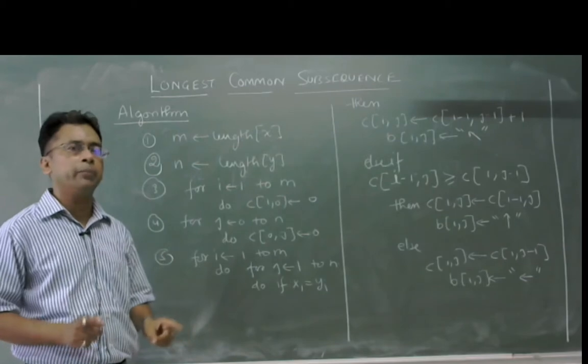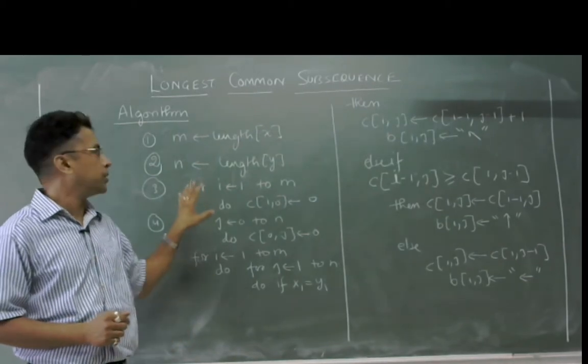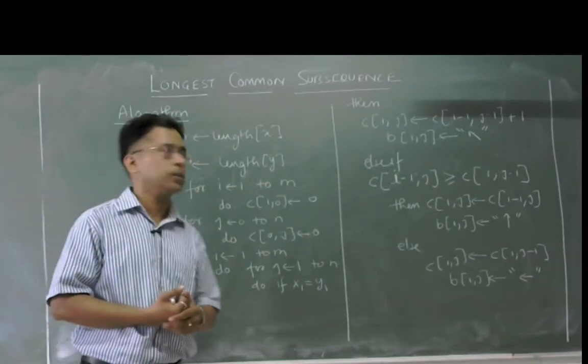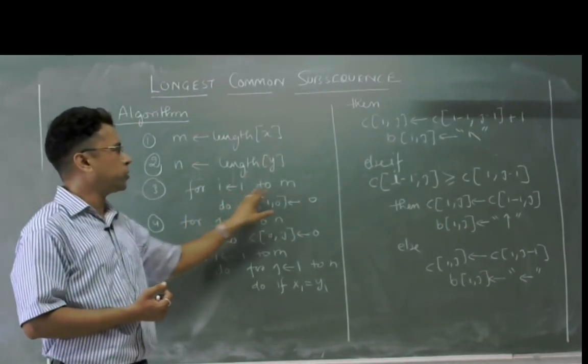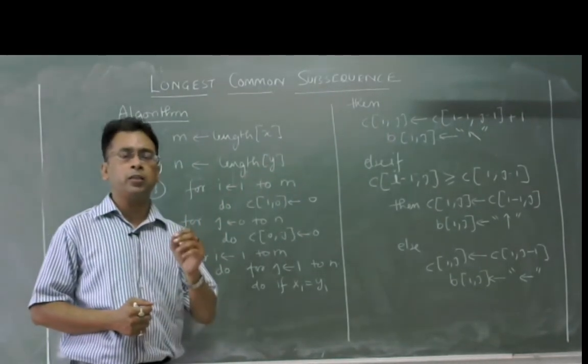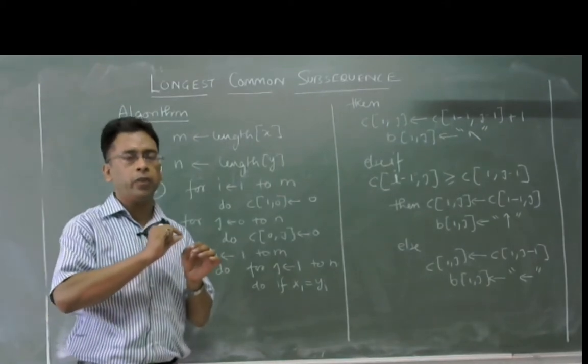After creating the matrix C, what we shall do in this C matrix, for i equals 1 to m, means along the length m, we shall write one string.